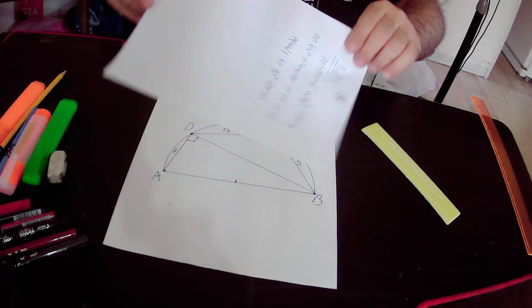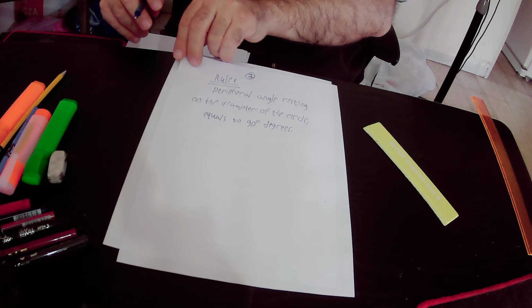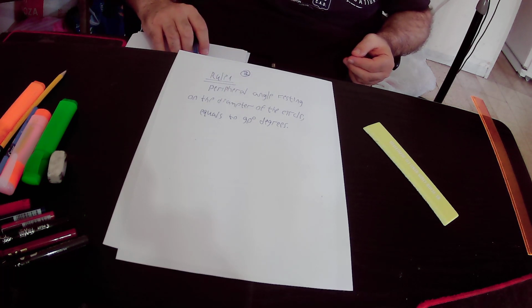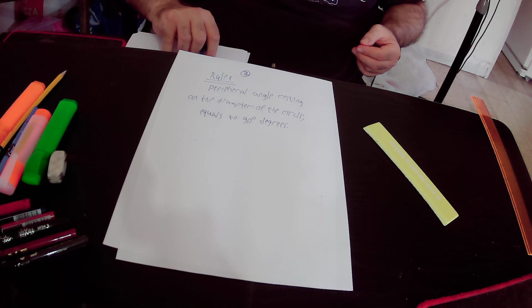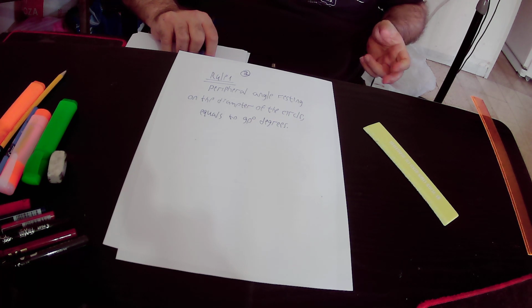So I'll read rule number 1 again. Rule number 1 states that a peripheral angle resting on the diameter of the circle equals 90 degrees in its size.